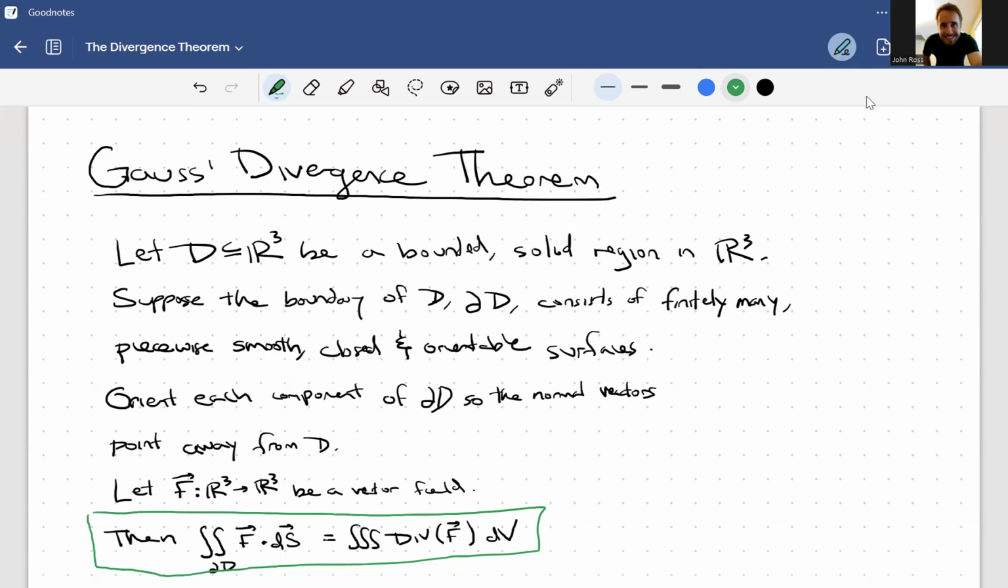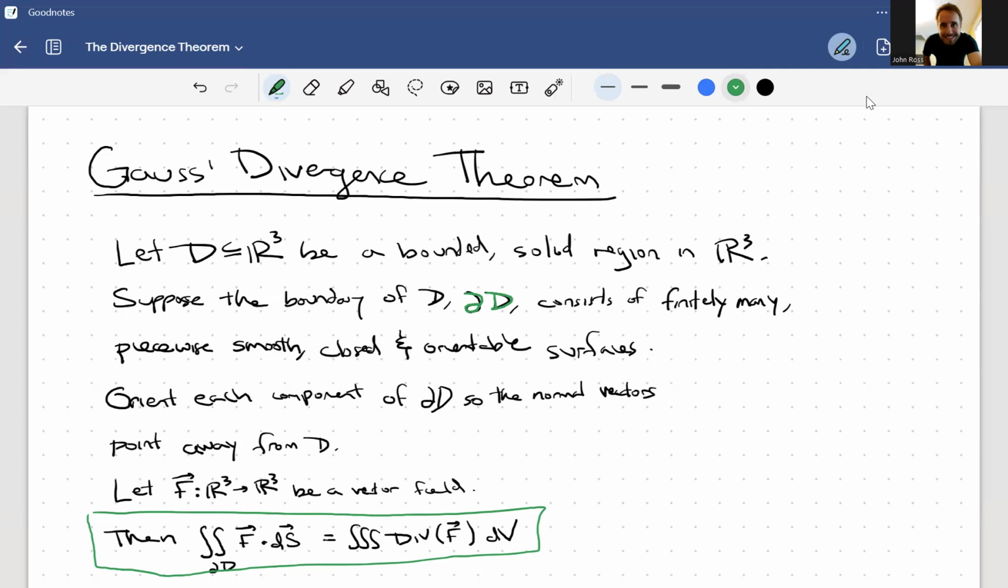The key piece that we're going to be looking at is a certain solid region that we call D, as well as its boundary, which we'll just call the boundary of D, and we'll denote using this partial symbol, also the boundary symbol, and D. So D is going to be a bounded and solid region in three-dimensional space.